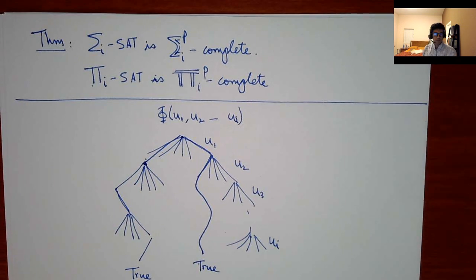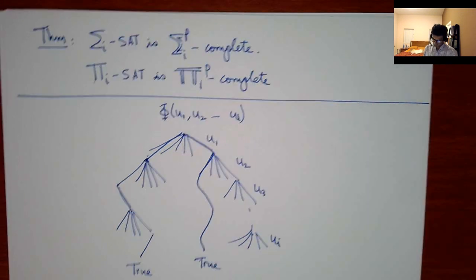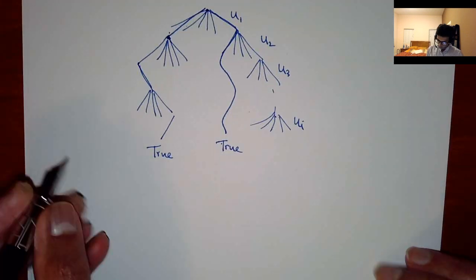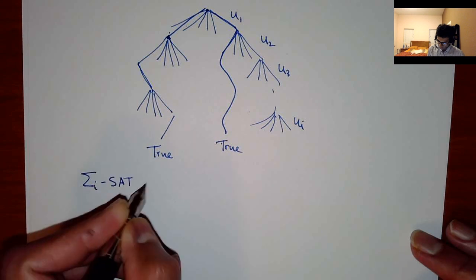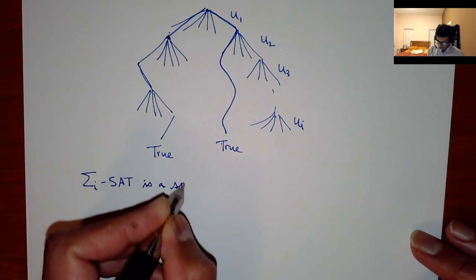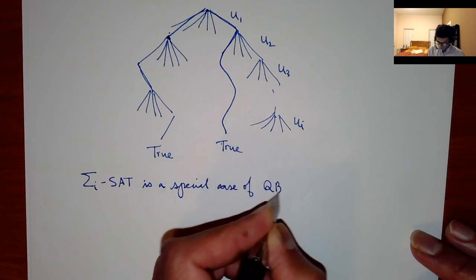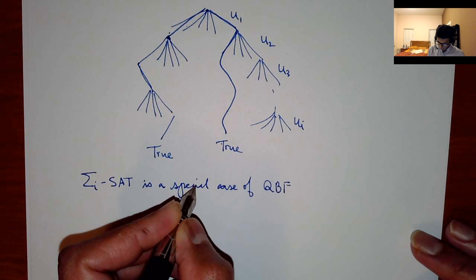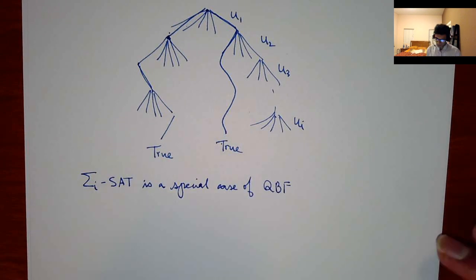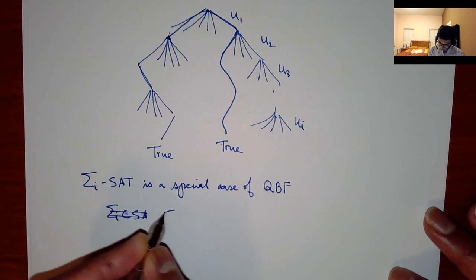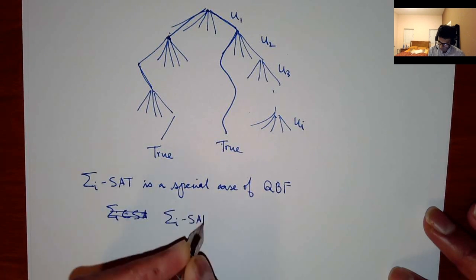Before we get into the proof, let me just draw out the whole complexity hierarchy so that you see where all of this sits in the context of things that we've done so far. The comment made was absolutely right that Sigma_i SAT is a special case of QBF, and assuming the theorem, we know that Sigma_i SAT is a language in PSPACE.